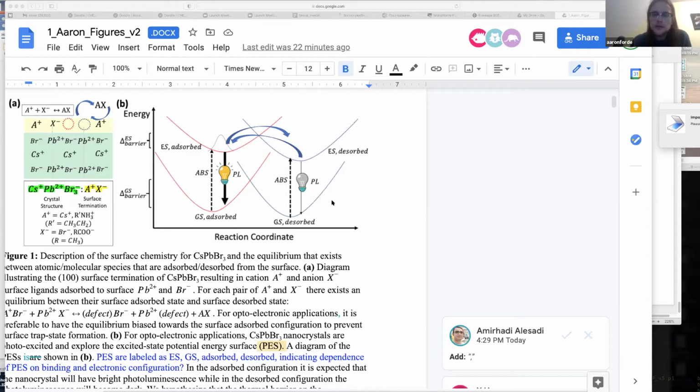So yeah, the right end of the parabola should be more smooth or more flat. Or maybe use something like a Morse potential only for the diagram.